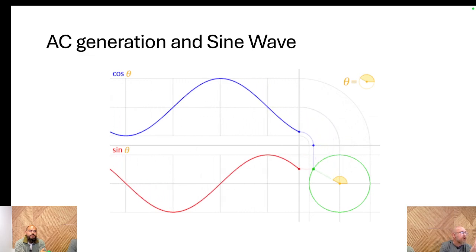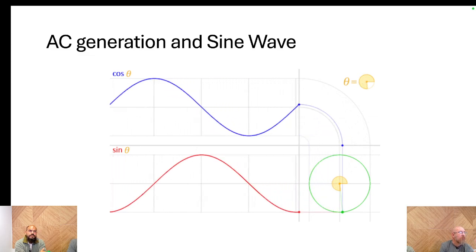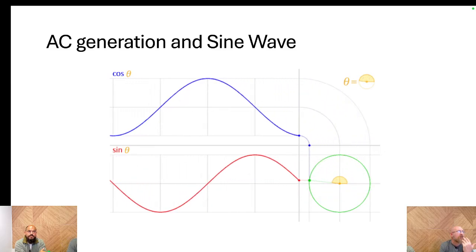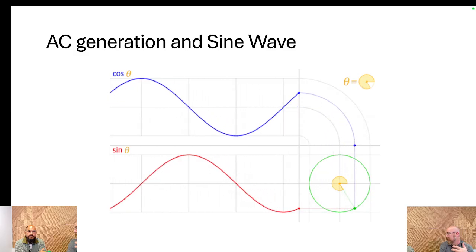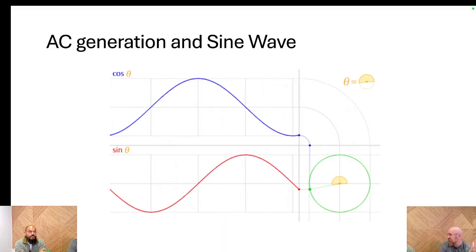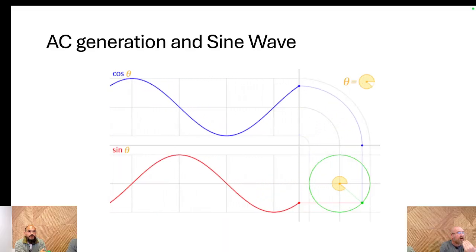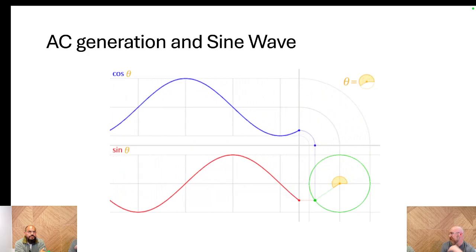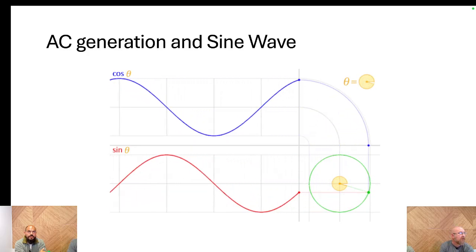And you can use cosine, but it references a different axis. So just look at this and relate that to what you see inside our generator model. And that's how you can understand how sine relates to what I saw on that AC generator.